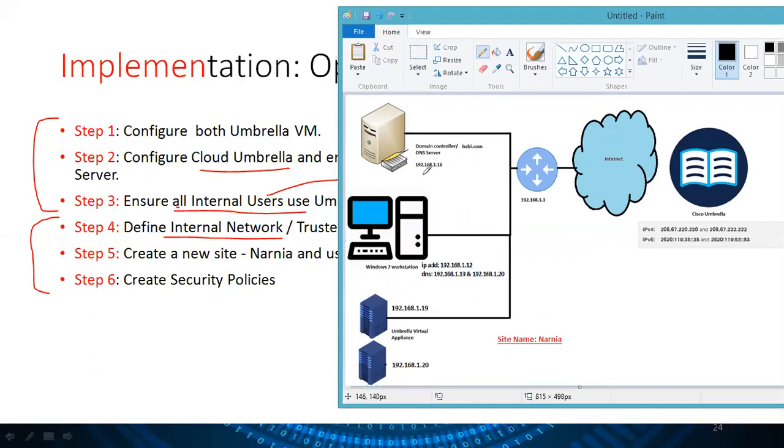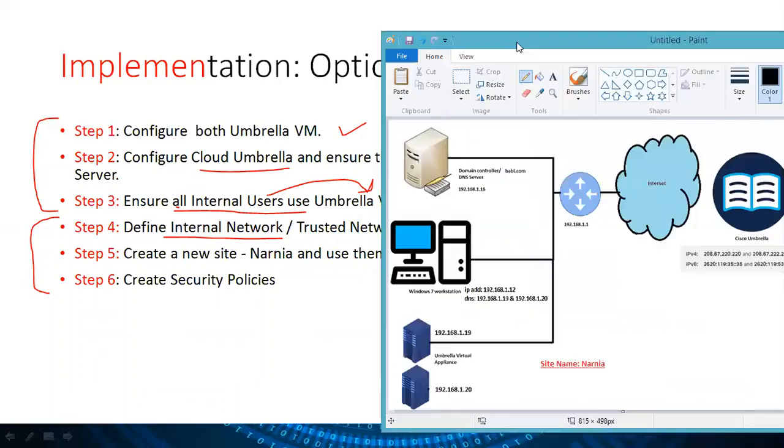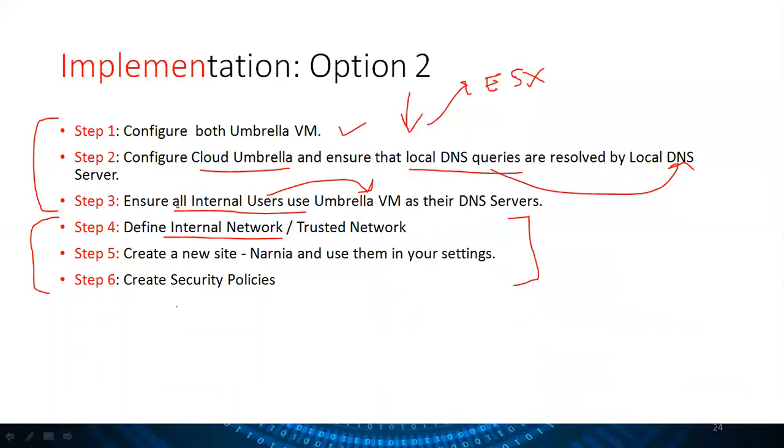I'm using 192.168.1, a class C subnet, and the subnet mask is 255.255.255.0. We need to define the class C subnet range as the trusted network. This step will be useful when we create the security policy in our 6th step.